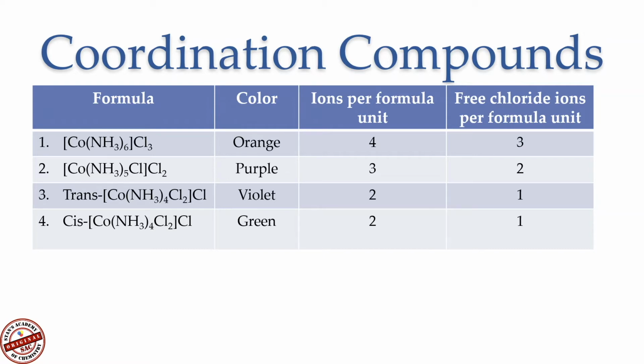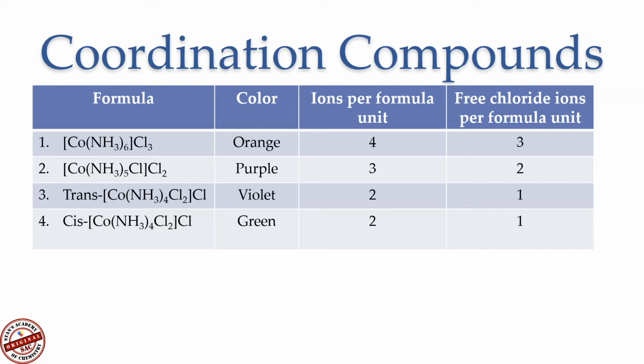So one of the positive charges is neutralized by that. At the same time, it's also donating a pair of electrons by forming a coordinate covalent bond. We have 6 ligands, so the coordination number is maintained. When you dissolve it in water, it produces 2 chloride ions and one positive complex ion, so you have 3 ions per formula unit. And the color is different. We will explain later what causes this.